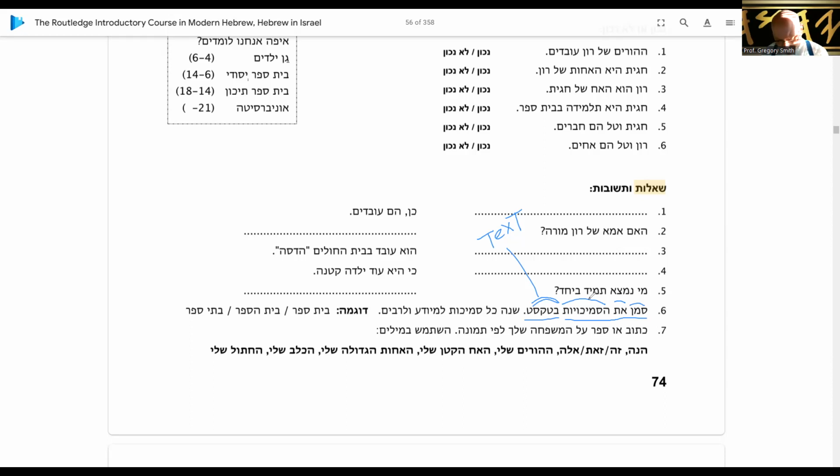It could be the construct state. I bet you it's the construct state. Okay, yeah, I think I know what they're going at now. So this one right here is what was stumping me. Mark the construct state. So this is saman et hasmikhiyot, in the text.